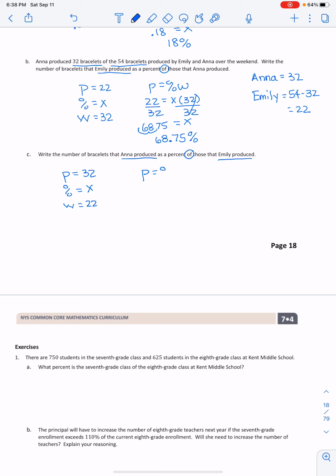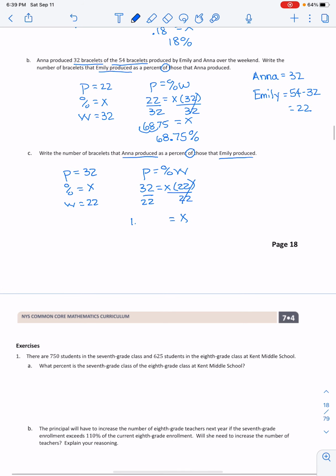So 32 equals X times 22. Divide both sides by 22. So X is going to equal 1.4545 repeating. So I'm going to move that decimal over 2 places. So it's 145.45 repeating percent.